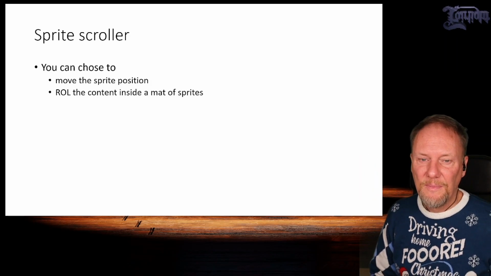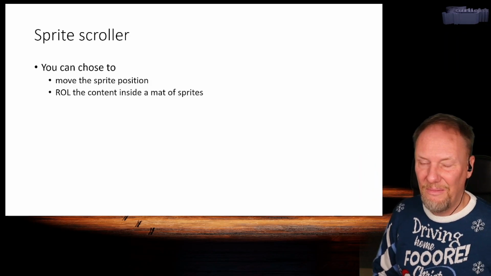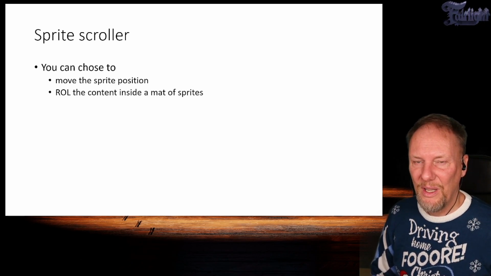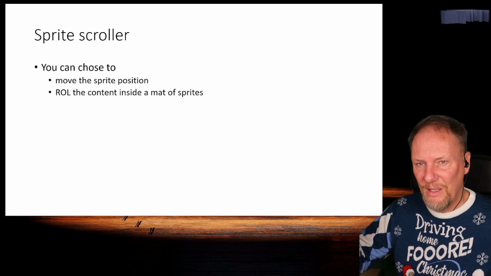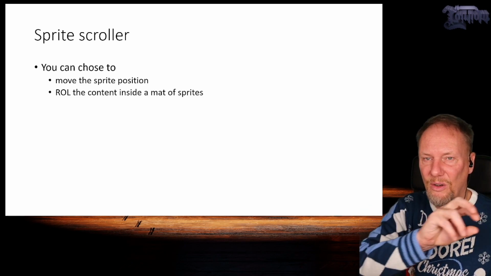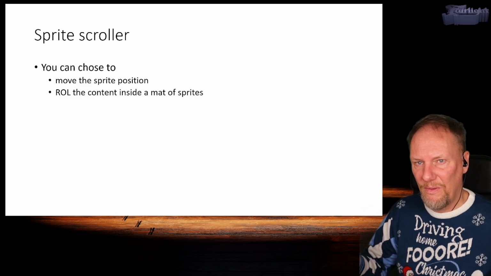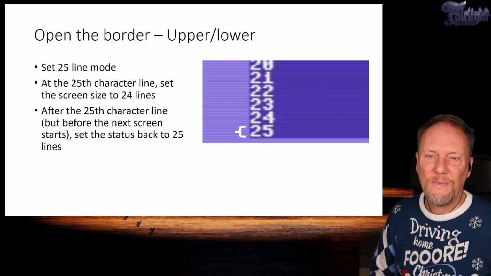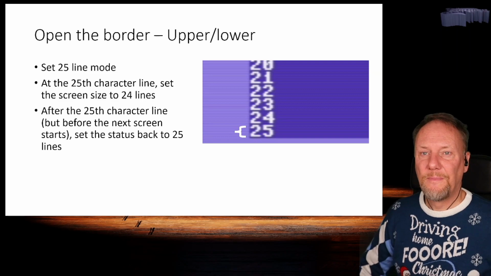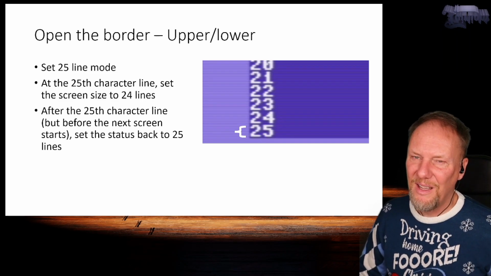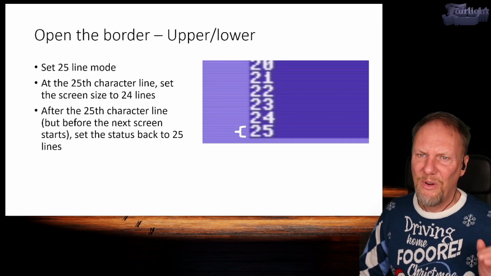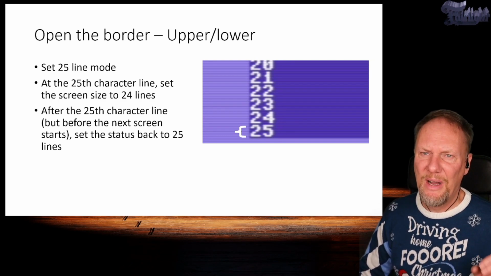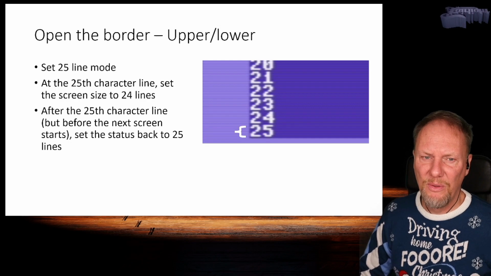But the other, more common way of doing it, is setting a map of sprites and then shifting the content of it. So the sprites don't move. You just move the content inside the sprite. There will be examples. I'm just going through a number of things here, and then we will get to examples, because some of them are combining a number of the effects we are talking about here.